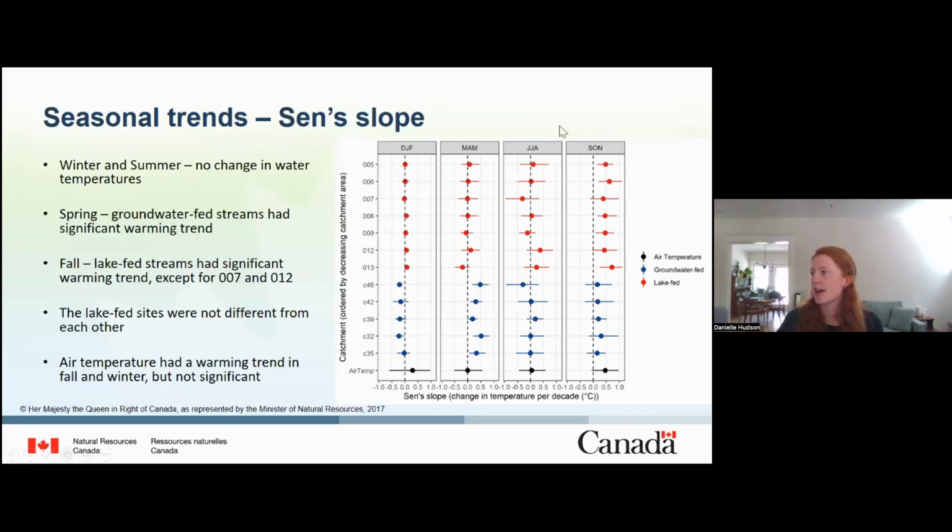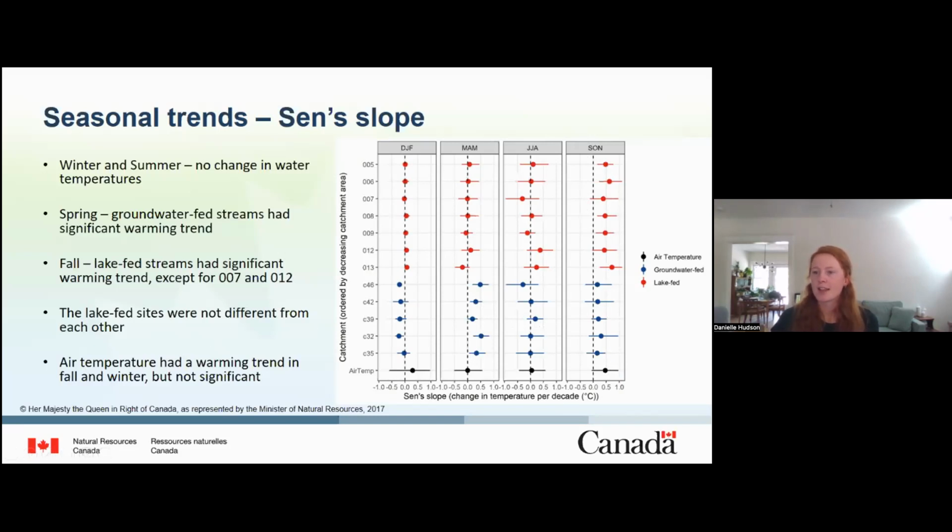And then if we look at the fall, it kind of swaps. So the lake-fed streams have this increasing or warming trend, and the groundwater-fed streams do not have a trend. The air temperature has a warming trend in the fall and maybe in the winter here, but these are not significant.